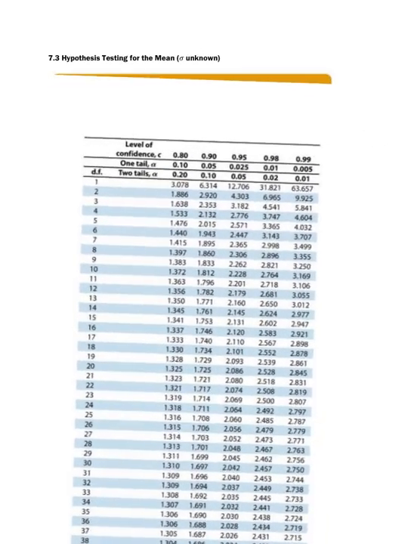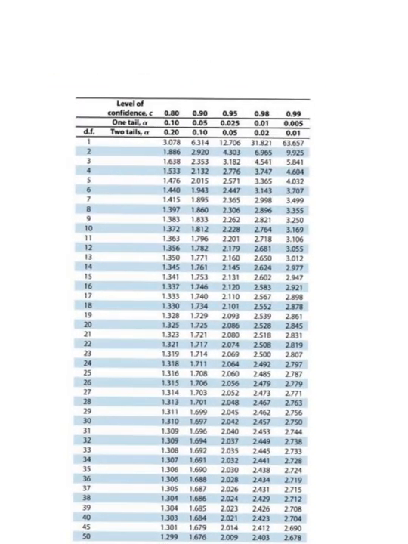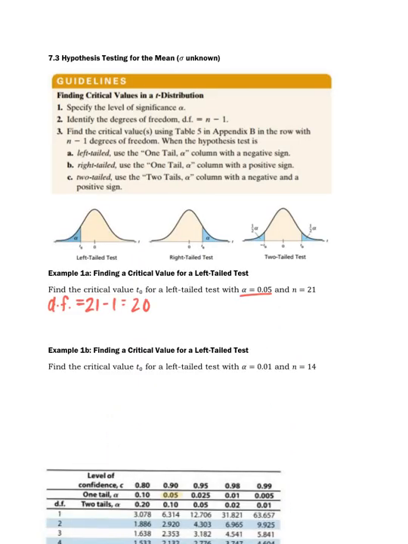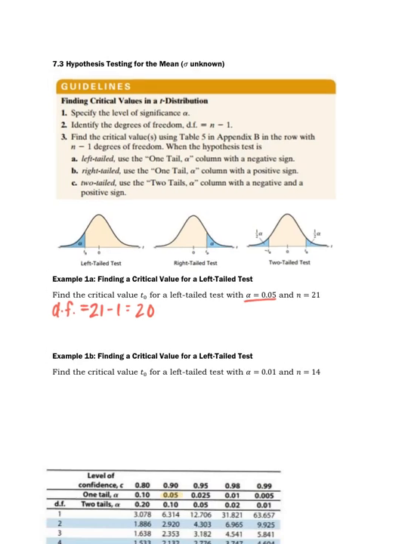Okay. So we've got 0.05 for one tail and 20 for the other one. So our value is 1.725. Okay, so we have that our t value equals 1.725.